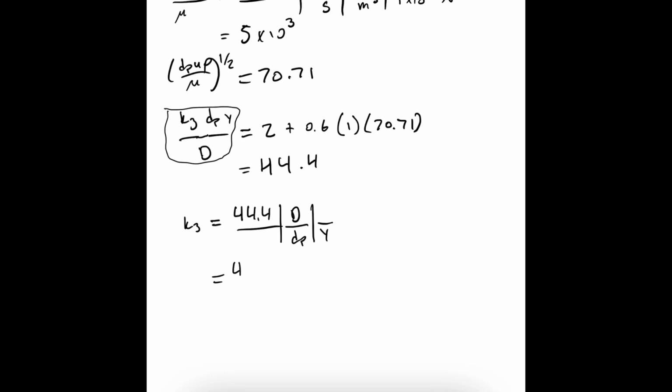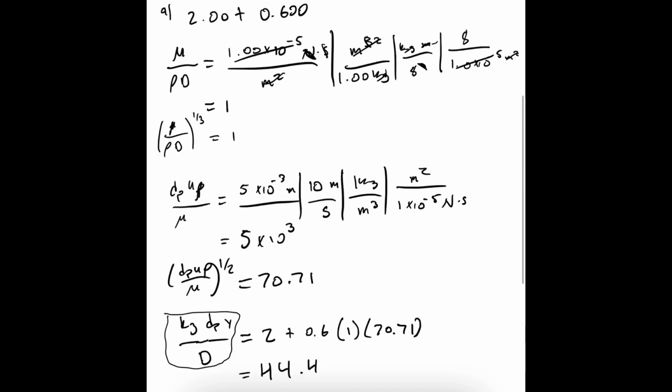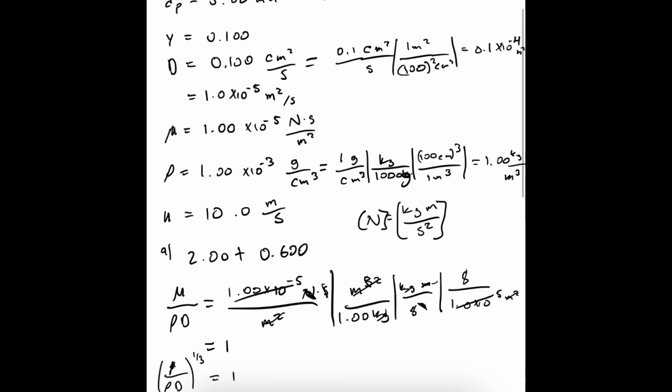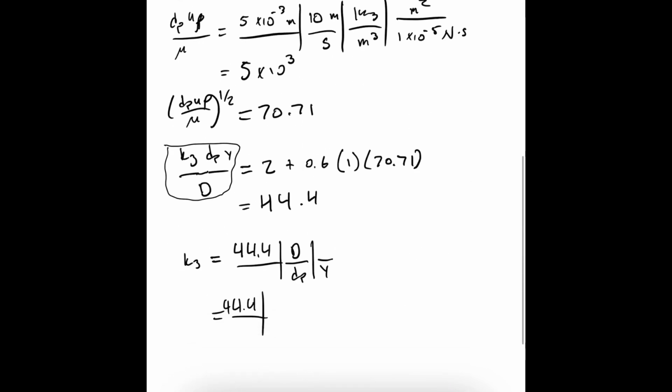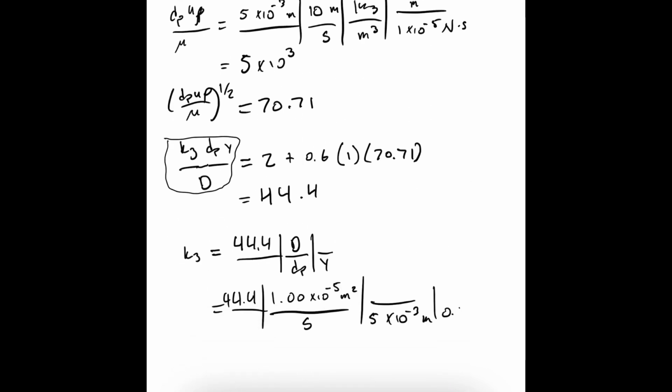So let's go ahead and do that. 44.4. What are the units of D? D is 1 times 10 to the minus 5. So that means meters cancels with one of those meters, and we now know that the units are meters per second.